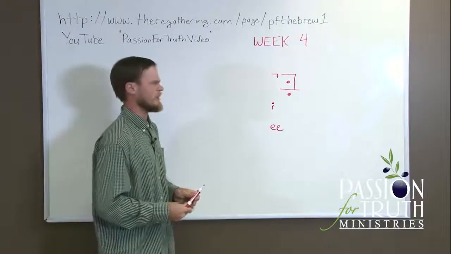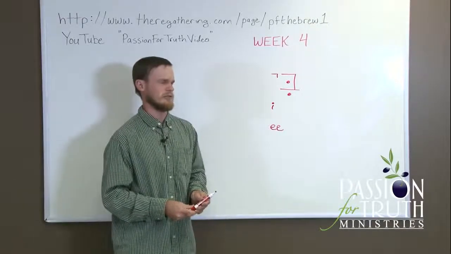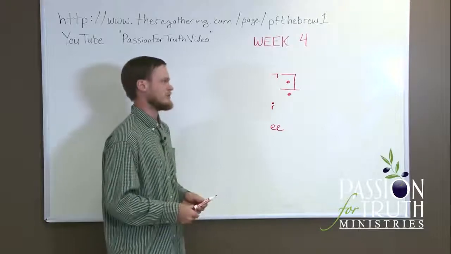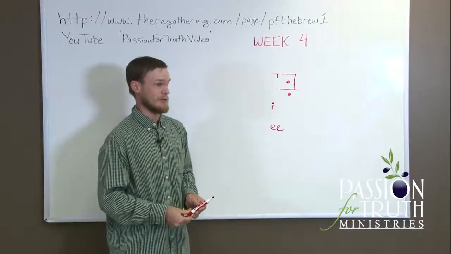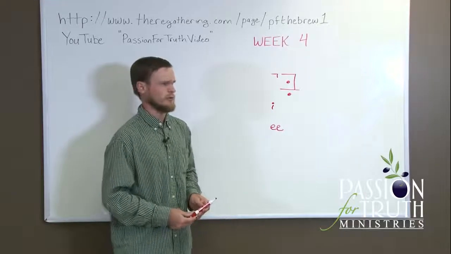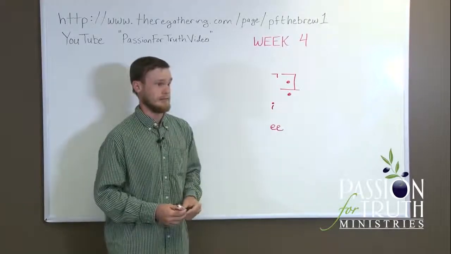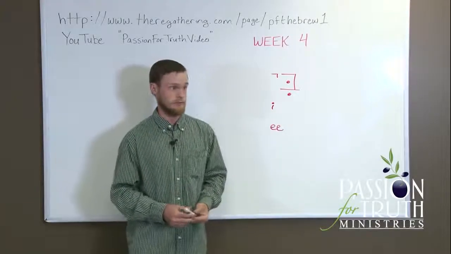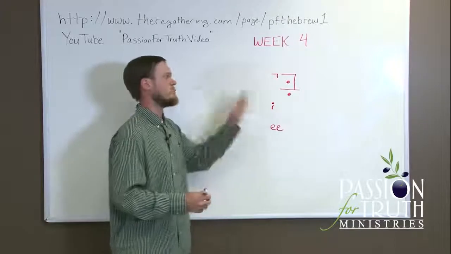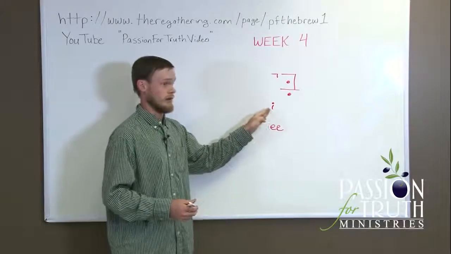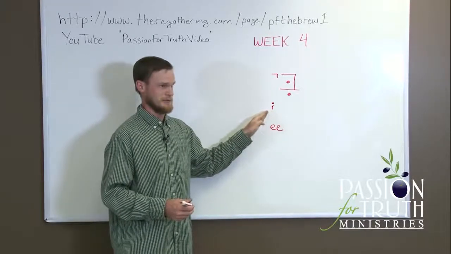Now, wait a minute, that only has a chirik and he's pronouncing it as a long E. Why is that? There's not necessarily a why. Sometimes it's easier to do it that way. There are certain words that are difficult to pronounce. The chirik is a short I because of the sounds that follow. And so I'm going to make an effort to always pronounce it as short I, but I may slip sometimes.